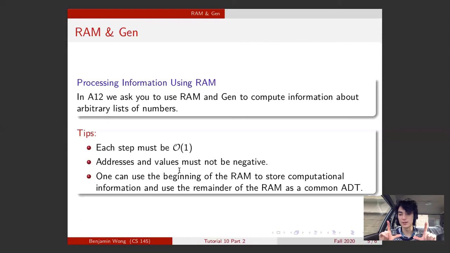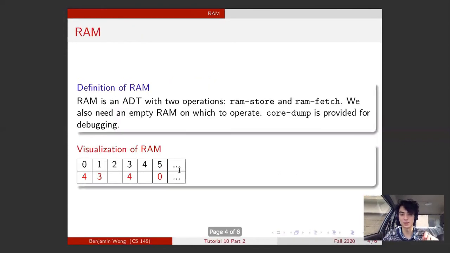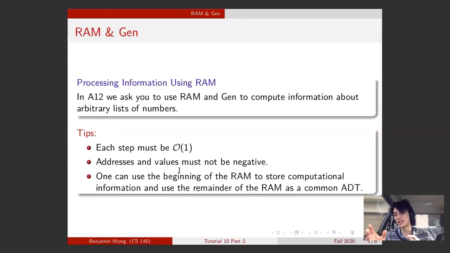To do this assignment with the RAM and the machine language especially, I would recommend getting a pen and paper, drawing a RAM like in this picture, and underlining 0, 1, 2, 3, 4, 5, 6, 7, maybe up to 8, and then seeing if you want to set aside some of your first few addresses. For example, set aside an address to keep the cumulative sum, set aside an address to keep a pointer to a linked list, set aside an address for whatever natural operation you want to do.